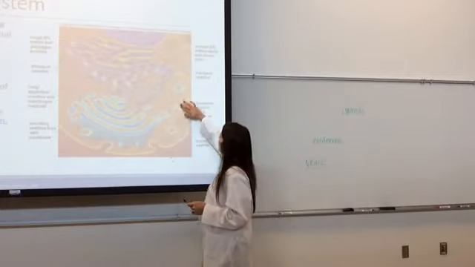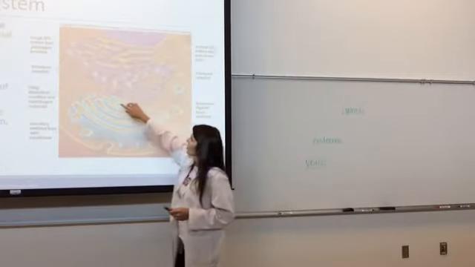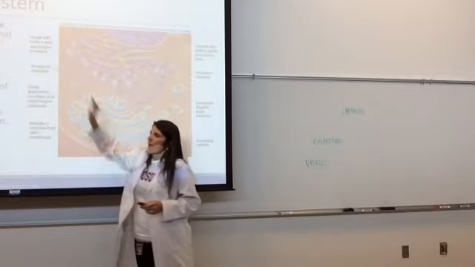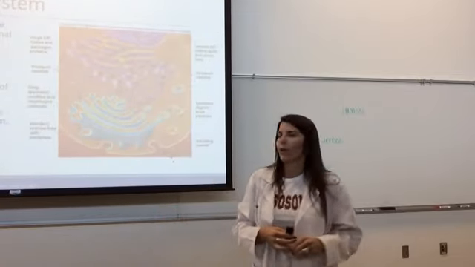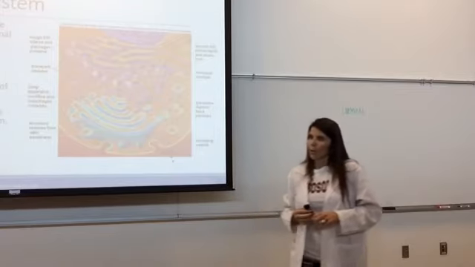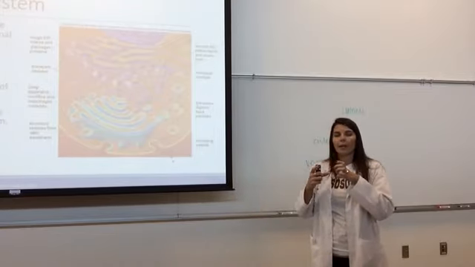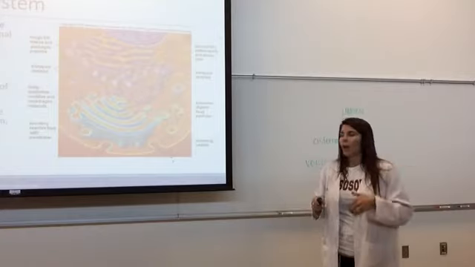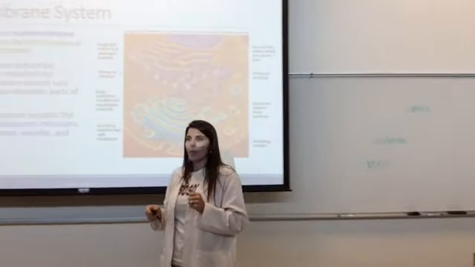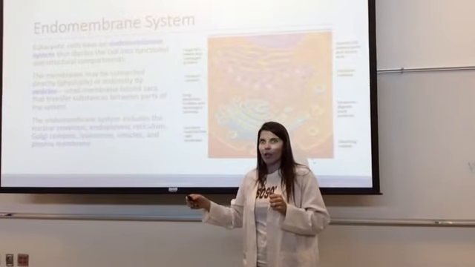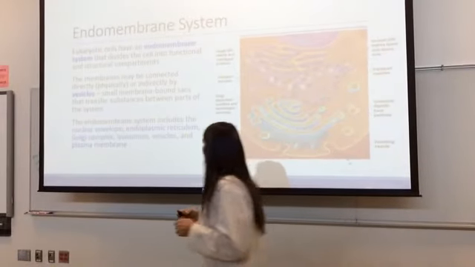These here are examples of vesicles, and I'll explain as I get a little bit further. So lumen is the opening, cisternae are folds, and vesicles are these membrane-bound sacs that transport different substances throughout the system.